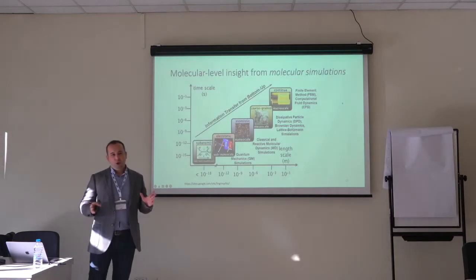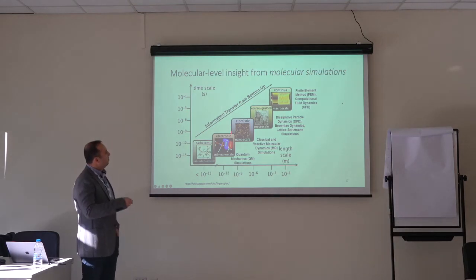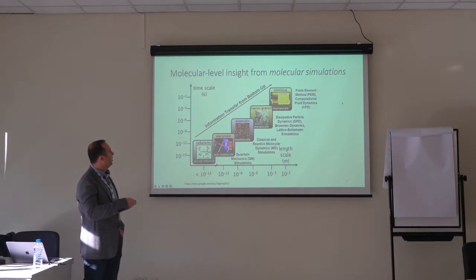Okay, so we've already talked about mesoscopic and atomistic scale. So that means we are actually in a length scale and time scale plot. We are somewhere here. So you can employ some atomistic simulations in order to see what's going on at the nanoscale. And if you slightly go up, you can see what's going on at the mesoscopic scale by coarse-grained simulations.